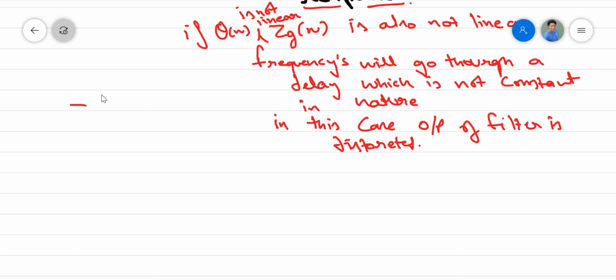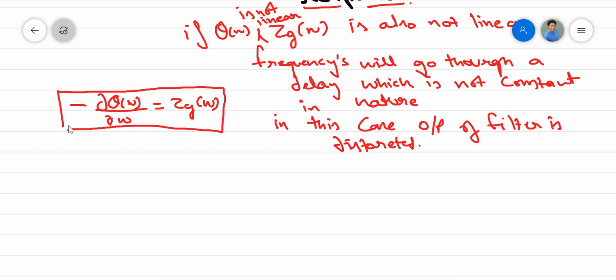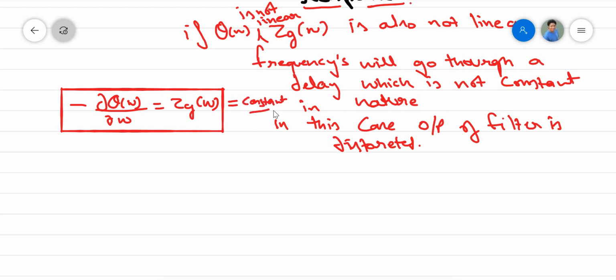That means minus del theta(omega) by del omega equals tau g(omega), right? This property of our filter gives us a group delay that should be constant, right? Okay.